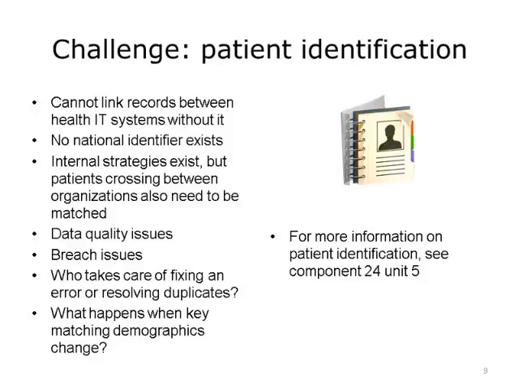If each person had a national identifier that uniquely identified them to the healthcare system, such as a Social Security number in financial transactions, this would not be a problem. There have been many discussions about the pros and cons of having a national patient identifier. It is still being discussed at the time of this lecture. The primary argument against a national patient identifier is that it could compromise privacy.